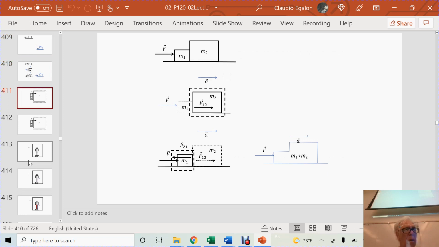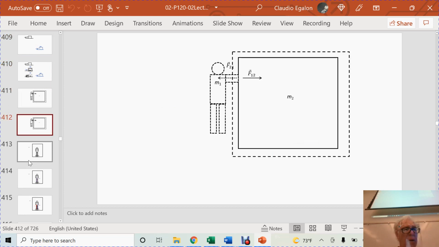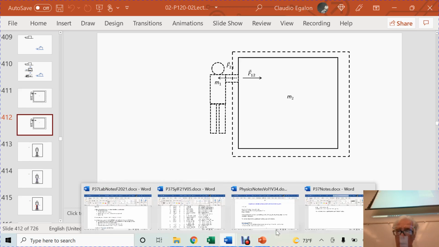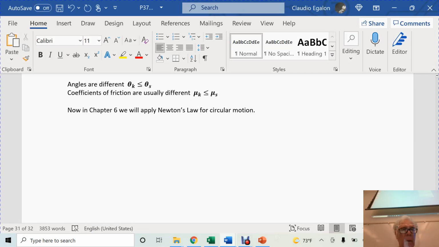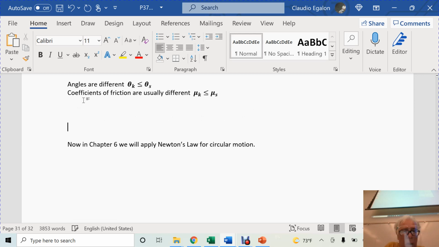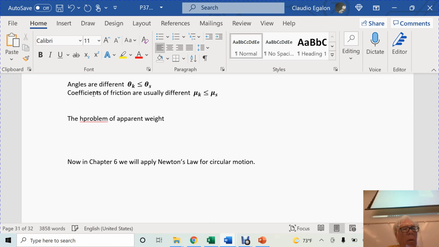You know what? Let's not do chapter 6 yet. Let's do chapter 6 later on. Let's do the problem of apparent weight. Why astronauts float there in space, right?